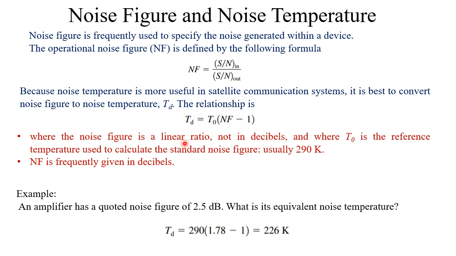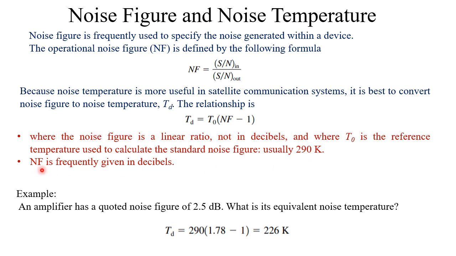This noise figure is a linear ratio, again mind it, we cannot use any decibel value right here. So if some decibel value is given, you have to convert it into ratio scale. And T0 is the reference temperature. Generally it is taken as room temperature or 290 Kelvin.